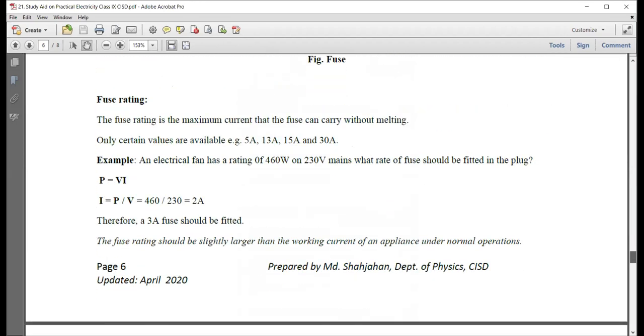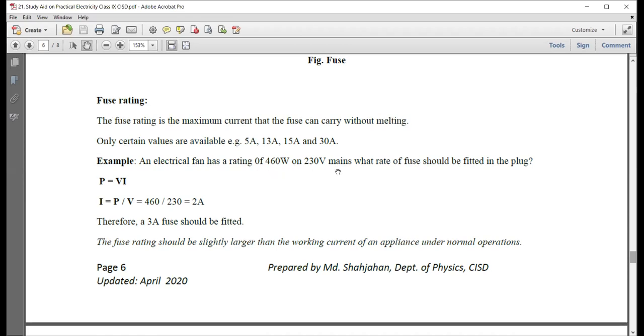So this way, look, I gave one numerical to understand which fuse rating we should use. Can you see the example? Yes, sir. The fuse rating is the maximum current that the fuse can carry without melting. Only certain values are available, for example 5 ampere, 13 ampere, 15 ampere, 30 ampere. They did not give 3 ampere here, but that can be 3 ampere also. Example: an electrical fan has a rating of 460 watt on 230 volt mains. What rating of fuse should be fitted in the plug?